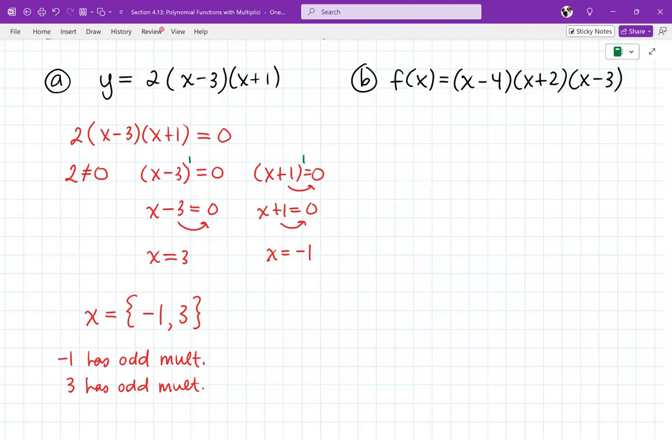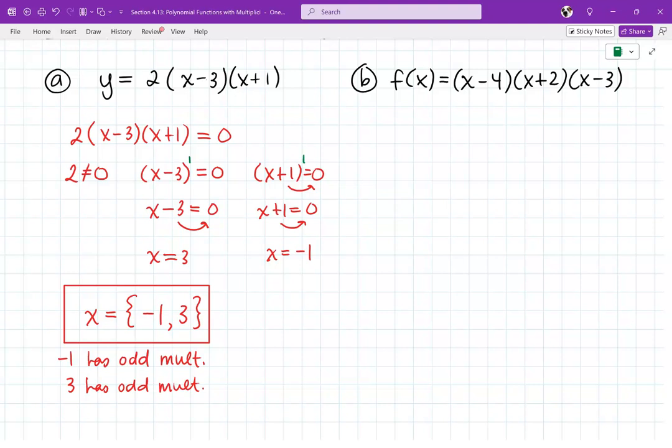It doesn't bounce off of it. Okay? It has to go through. And when I get to 3 on my graph, it's going to go through it as well because it's odd. Odd multiplicity makes the graph go through the x-axis. Okay? Again, you'll see this once we get to the last example. Okay? But here's my solutions.